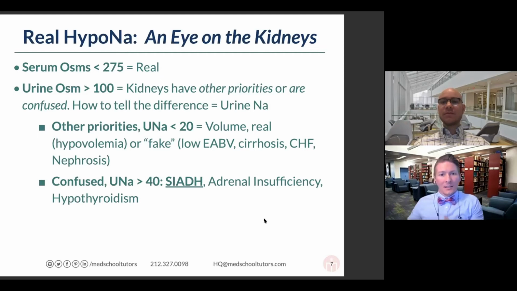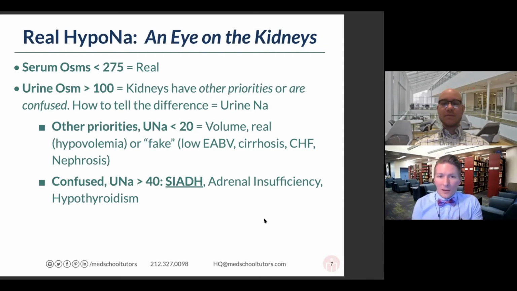And so the idea is that in a functional kidney, a functional system, you should expect that a low plasma osmolarity leads to a lower urine osmolarity. The urine should take the hit for the plasma so as to allow for the plasma to get back to normal. If you find, however, that the serum osmolarity is low and the urine is not taking the hit, the urine is inappropriately high, so you have a low plasma but not a lower urine osmolarity, then there must be some kind of problem with the regulation system.